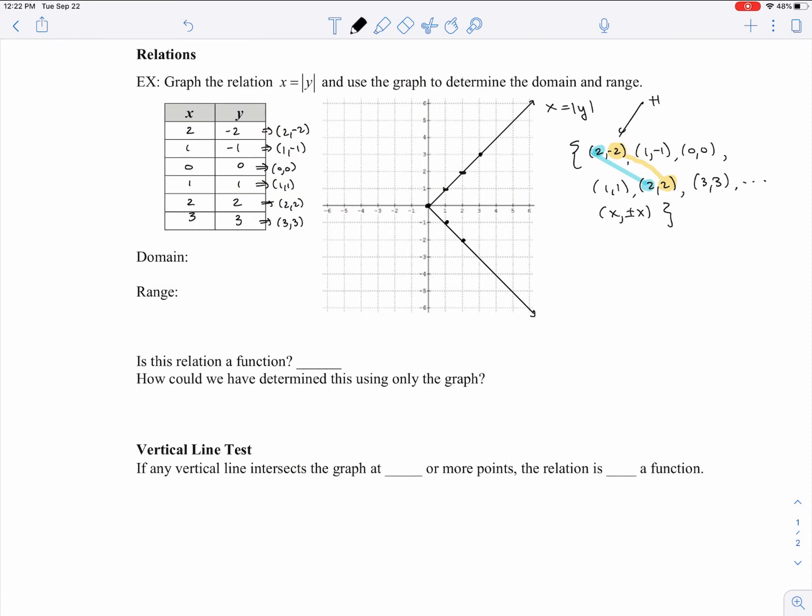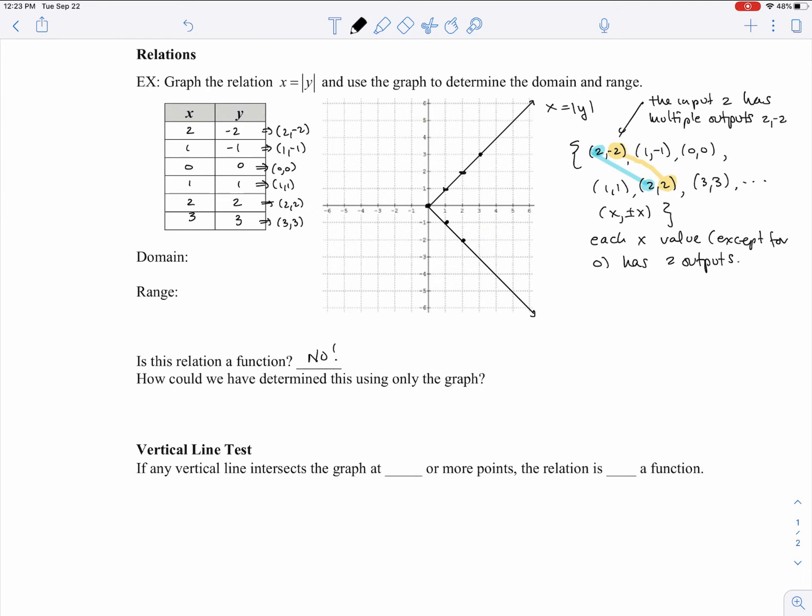So the input 2 has multiple outputs, in this case 2 and -2, or each x value except for 0 has 2 outputs. So this is not a function.